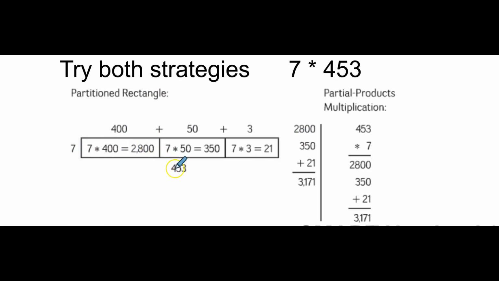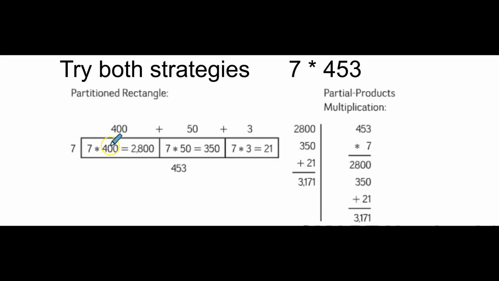7 times 453. Decompose 453 by using expanded form. 400 plus 50 plus 3. I partitioned my rectangle to show how I decomposed my number. Now all I need to do is my 7 times 400. Remember, use your basic fact. 7 times 4 is 28.